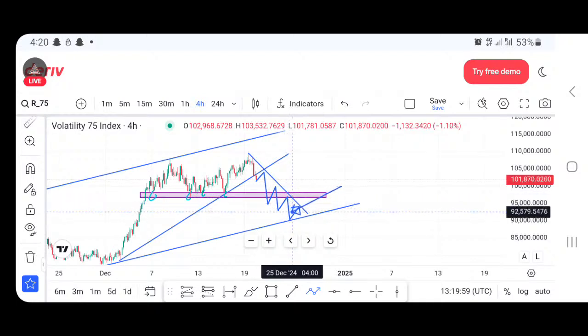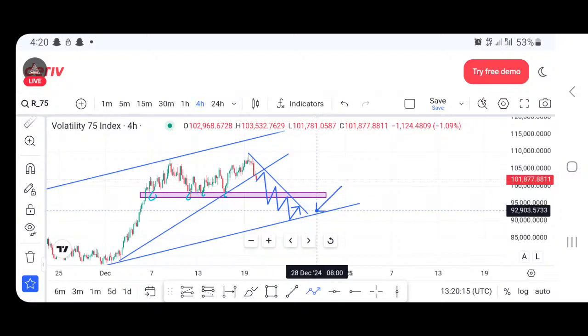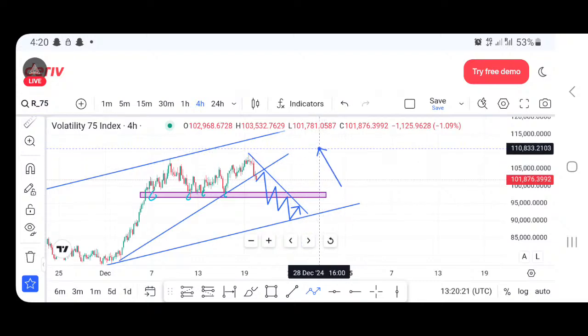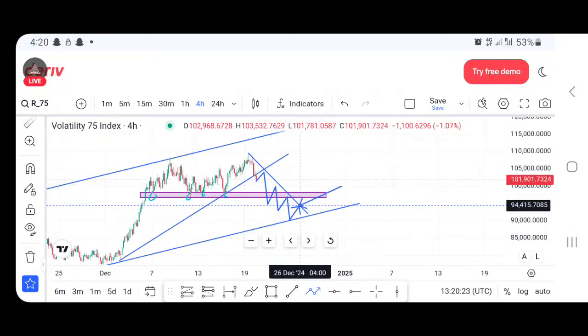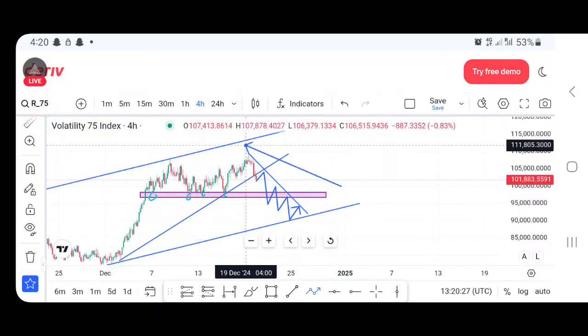Are you getting the point? To break this here, or to break this key zone and come back and retest it. When the market starts to retest these key levels or this trend line here, that is when we start looking for the setup for the buys. Why? Because now the market will be aligning with the same direction as our H4 buyers.